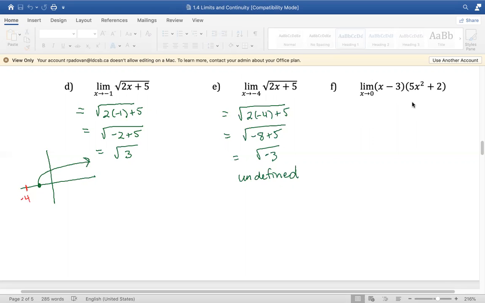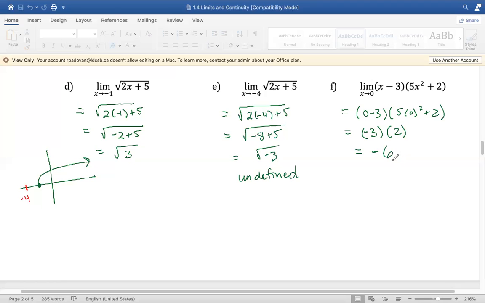So we should get that the value does exist, that it's continuous. Let's check it out by plugging in 0 for x. 5 times 0 squared plus 2. 0 take away 3 is -3. Multiplied by 0 squared times 5, which is just 0, plus 2. 0 plus 2 is 2, and I get a value of -6.